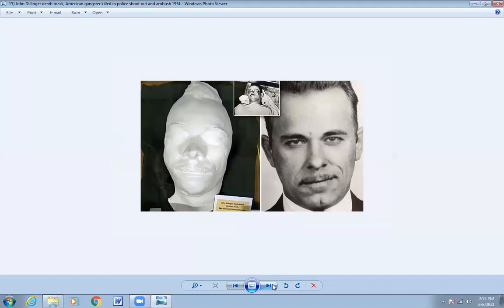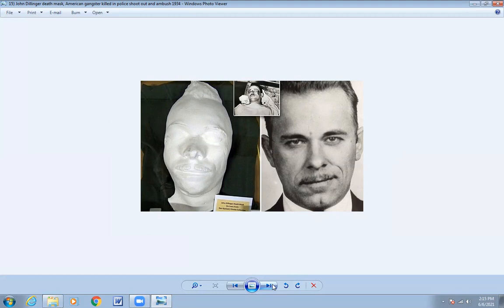This one, many Americans may know, is John Dillinger, and he was an American gangster and a thief. He robbed 24 banks and 4 police stations at the time of the Great Depression. Now, he was killed by the police in a massive shootout and an ambush in 1935.